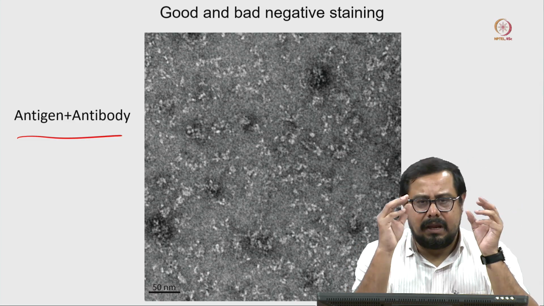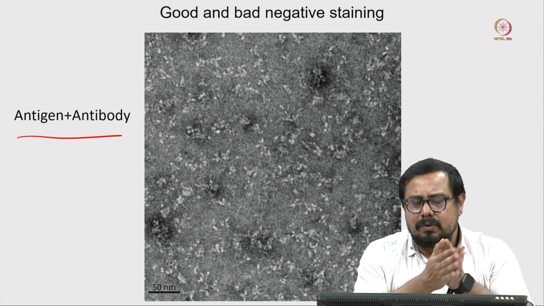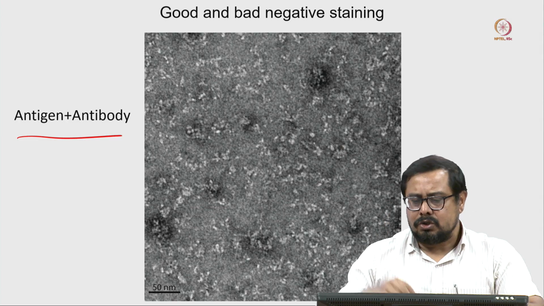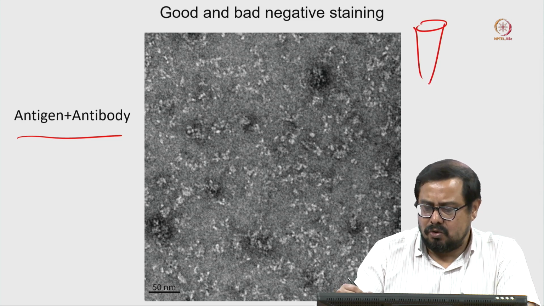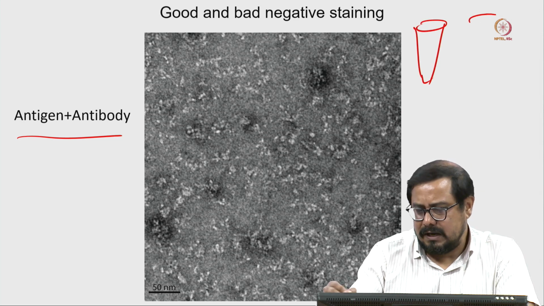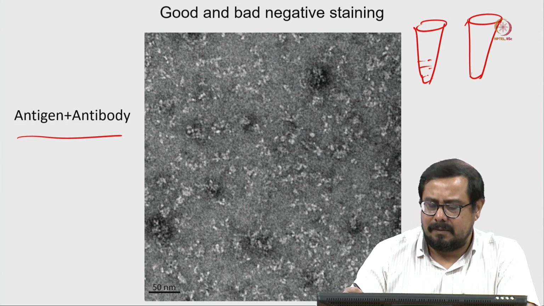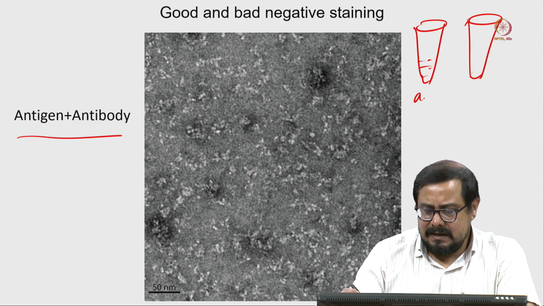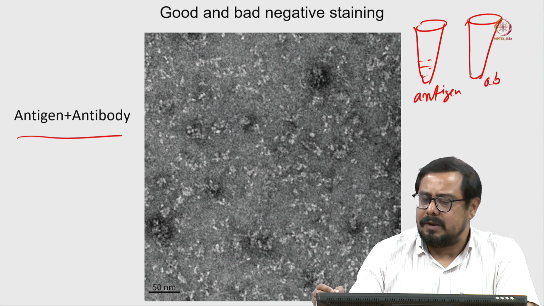When you have a complex, you can image it. When you are doing this complex preparation, you have 2 eppendorf tubes. In one you have antigen, and the other one has antibody.